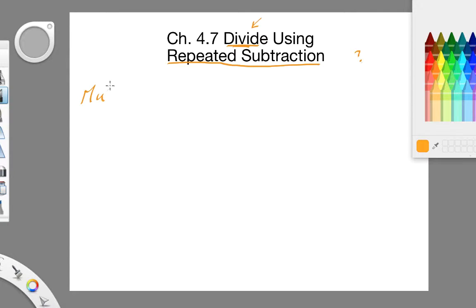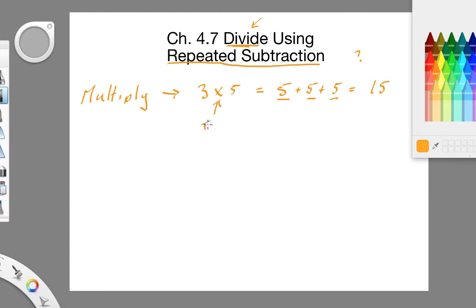When you multiply, we add repeatedly. 3 times 5 is the same thing as 5 plus 5 plus 5. We know that 3 times 5 is 15, and we know that 5 plus 5 plus 5 is 15. This is just 5 added together 1, 2, 3 times.